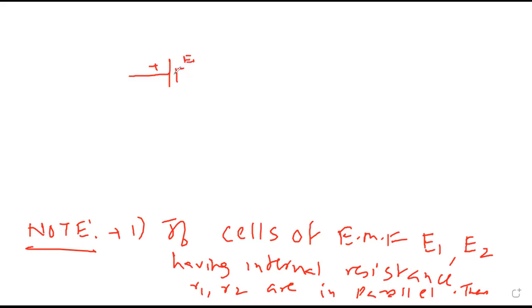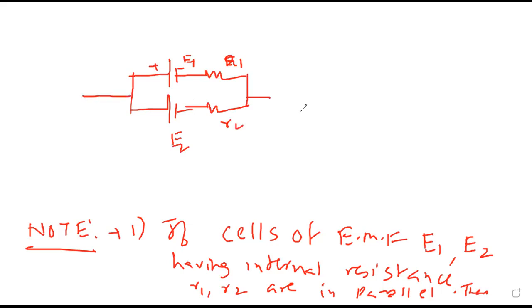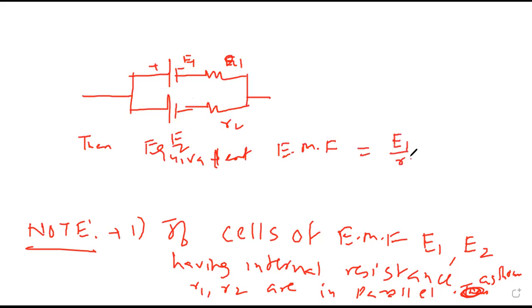E1, R1, E2, R2 are in parallel as shown. Then the equivalent EMF equals E1 upon R1 plus E2 upon R2, divided by 1 upon R1 plus 1 upon R2.